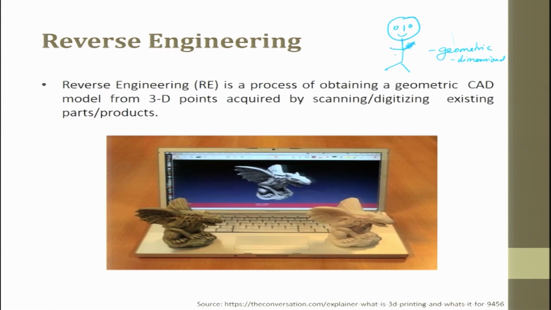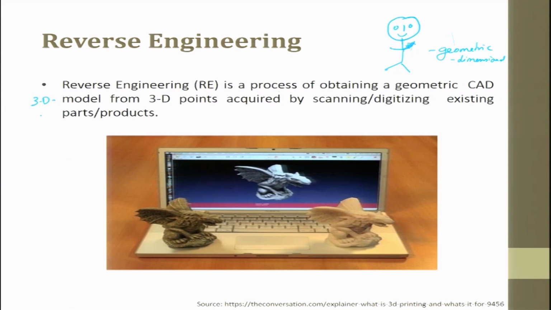Now, because of reverse engineering, I could completely scan, I can redo the broken part. So, if I have to redo it, I try to use the technique called as reverse engineering. So, it is a process of obtaining a geometric CAD model. So, when I talk about geometric CAD model, we always talk about 3D model only.